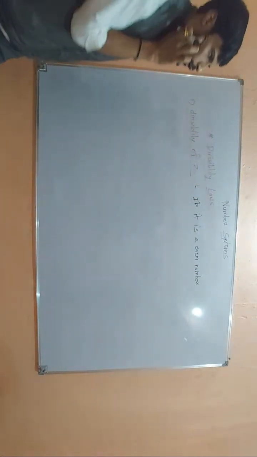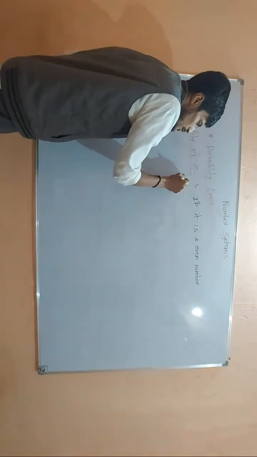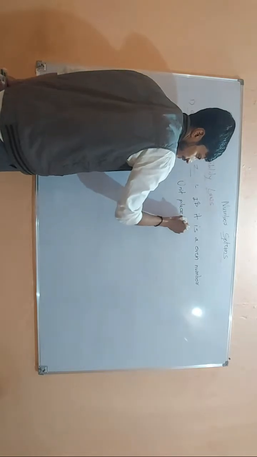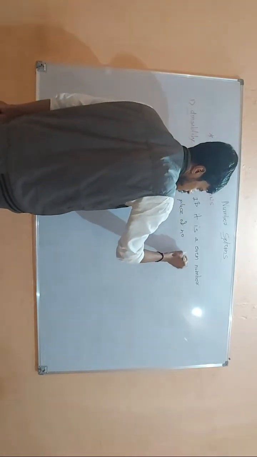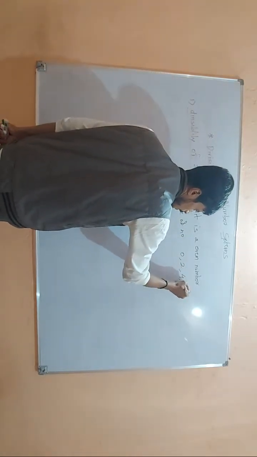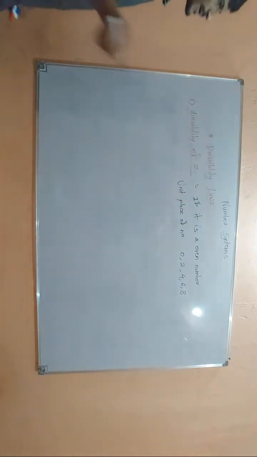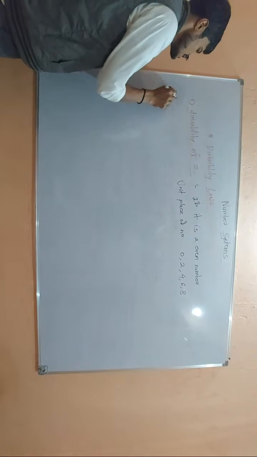If the given number is even, then it is divisible by 2. Or you can say that if the unit place of the number contains 0, 2, 4, 6 or 8, then that number is divisible by 2. Then see the next one.